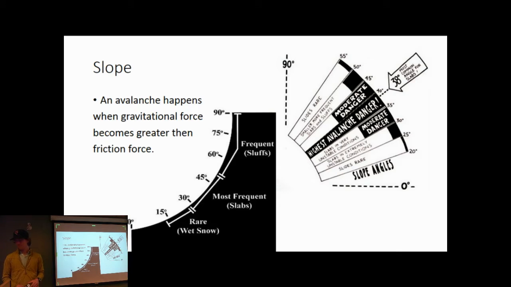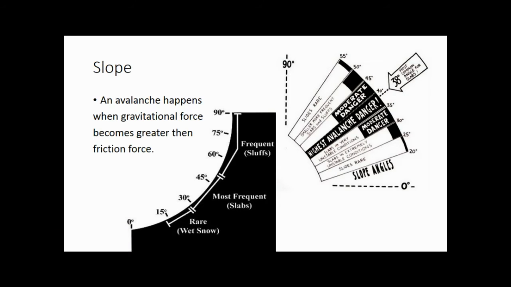So the slope. That's gonna sound stupid, but the avalanche happens when gravitational force becomes greater than the friction force, obviously. The friction depends on the type of snow. Wet snow, or slush, has a rest angle of 15 degrees. And if you're talking about really dense snow that's been packed down by wind, or very well settled snow, it can go up to 60 degrees.